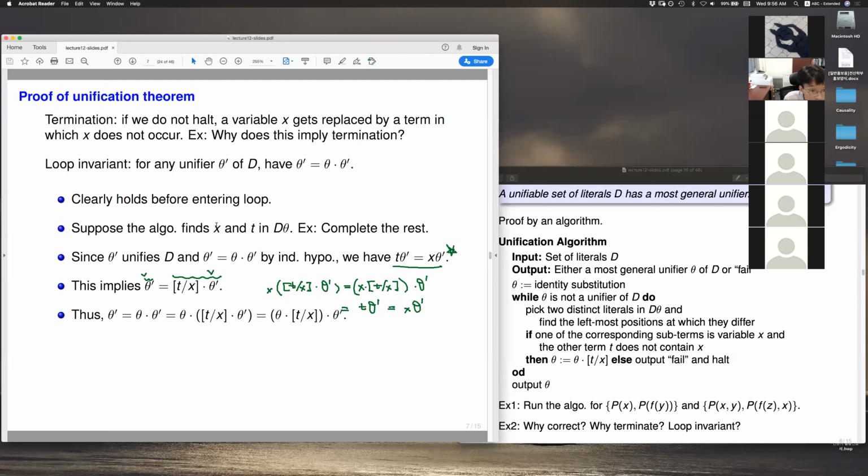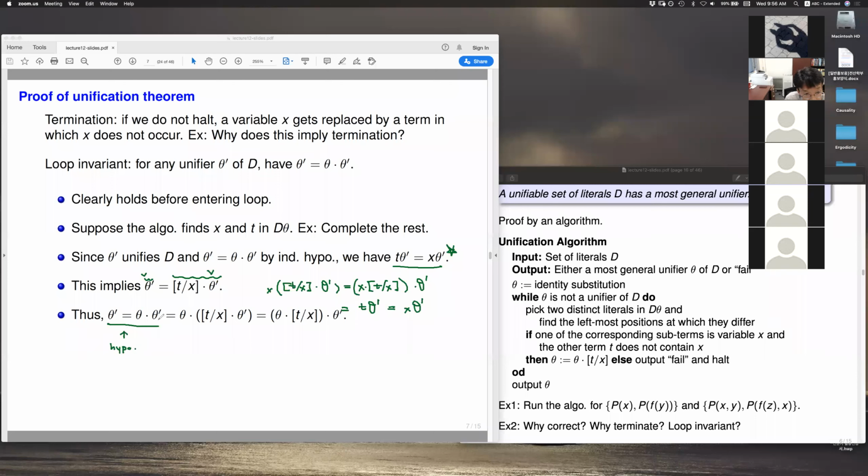So from there we can deduce the new loop invariant is going to be reestablished at the end of the loop, because of the reasoning that you see on the screen. Now, theta prime is the same as theta composed with theta prime. This is coming from our hypothesis, which we can assume when we do the inductive proof.